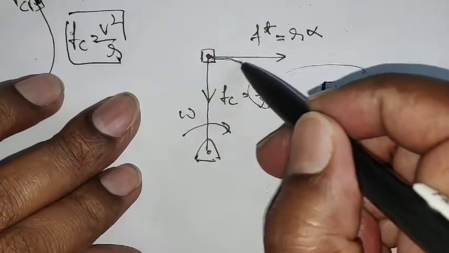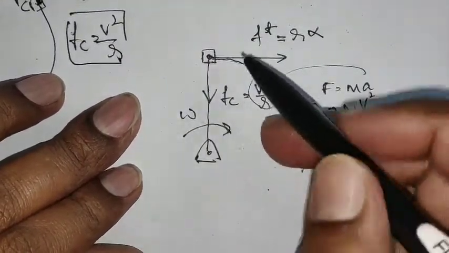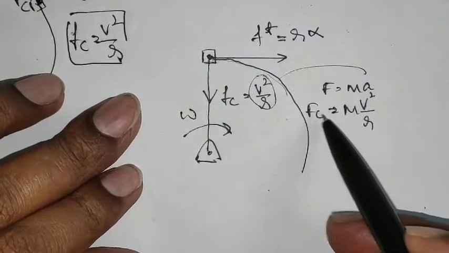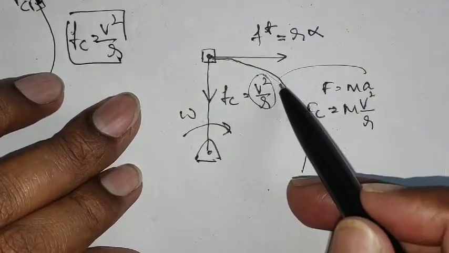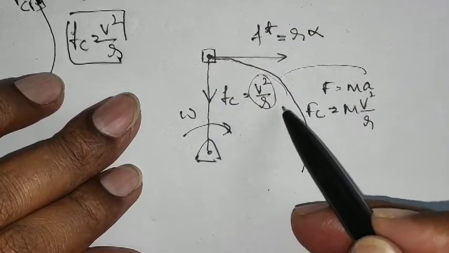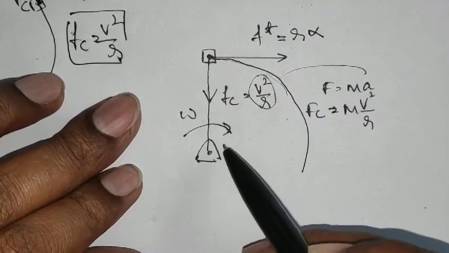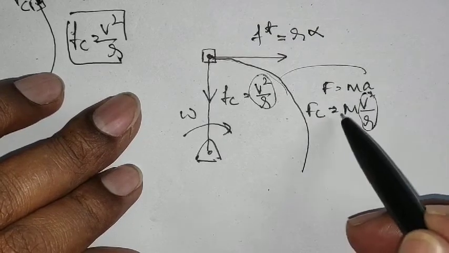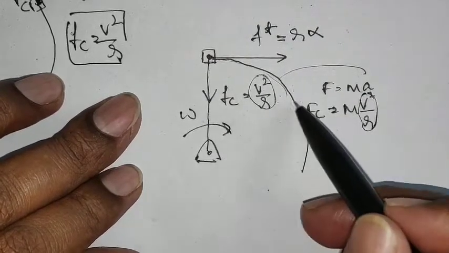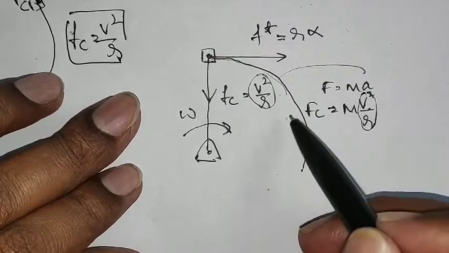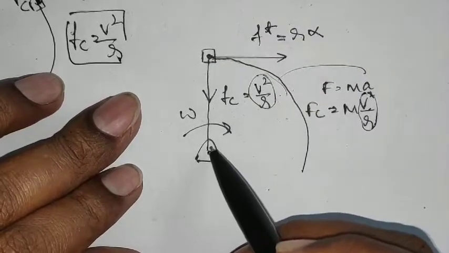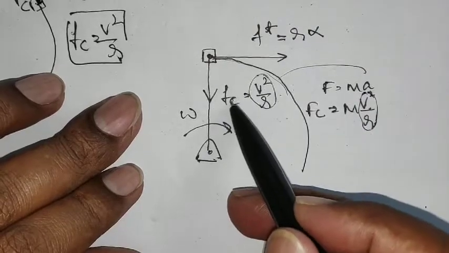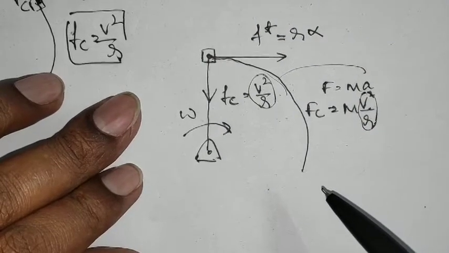When a body is trying to rotate, to pull the body towards the center you need to apply an acceleration. So the body is trying to accelerate towards the center, and the mass of the body multiplied by this acceleration will give you the centripetal force. I think you now understand why this Fc is m v square by r.